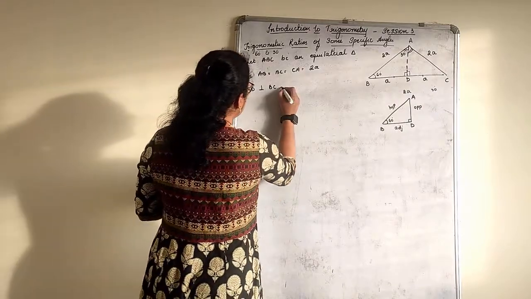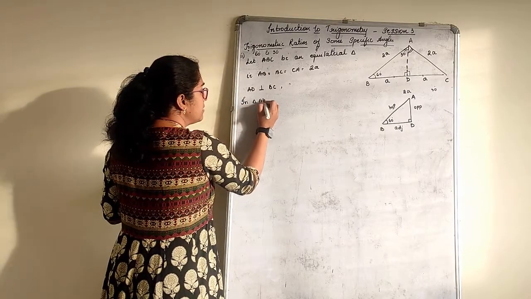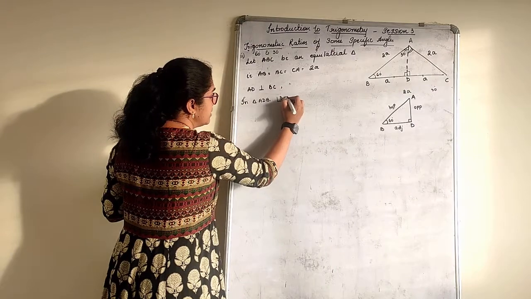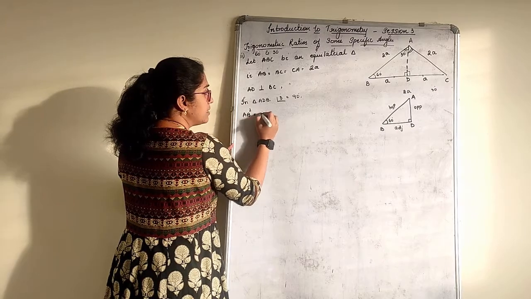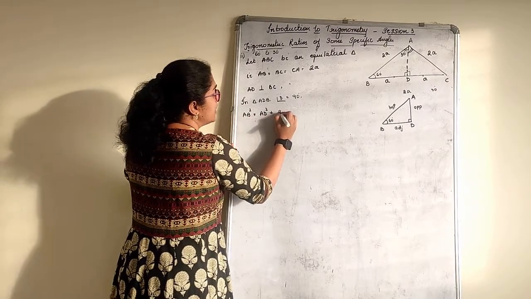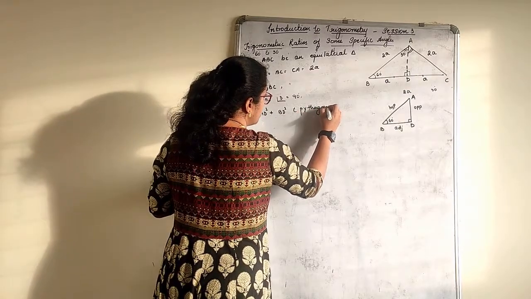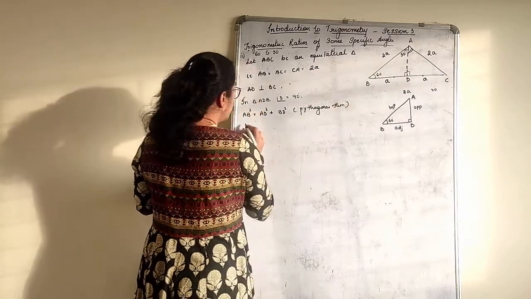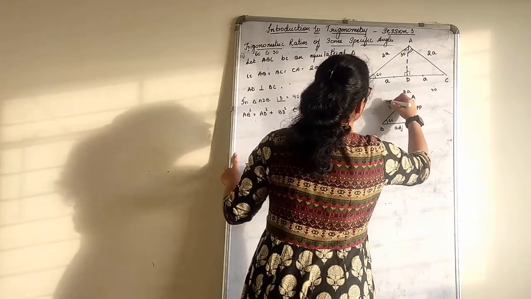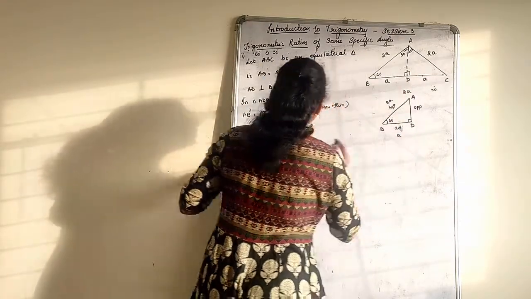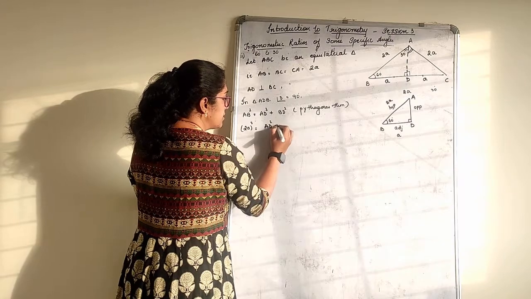Now, AD perpendicular to BC. Therefore, in triangle ADB, angle D is equal to 90 degree. Therefore, AB square is equal to AD square plus BD square, Pythagoras theorem. So AB is how much? AB is 2A. This is A. 2A whole square is equal to AD square plus BD square. See, the value is fixed.